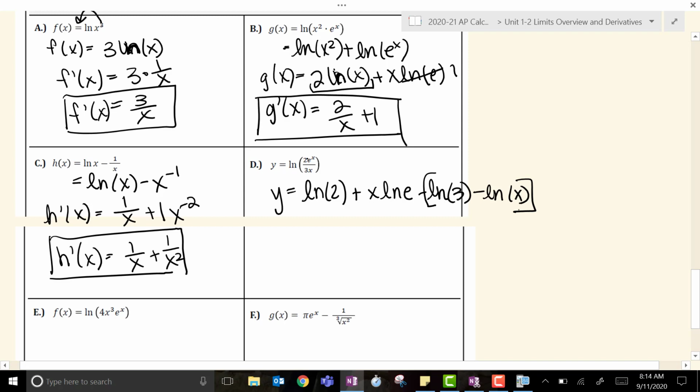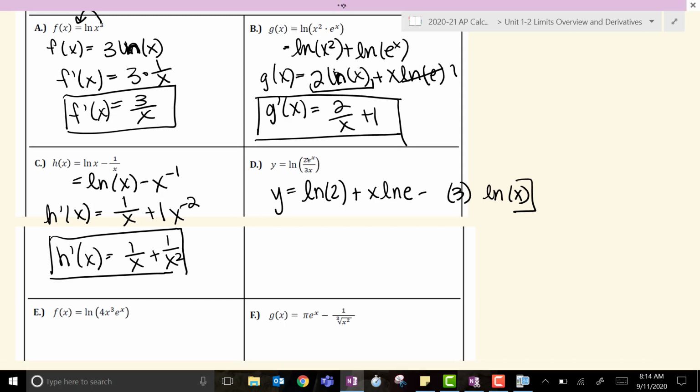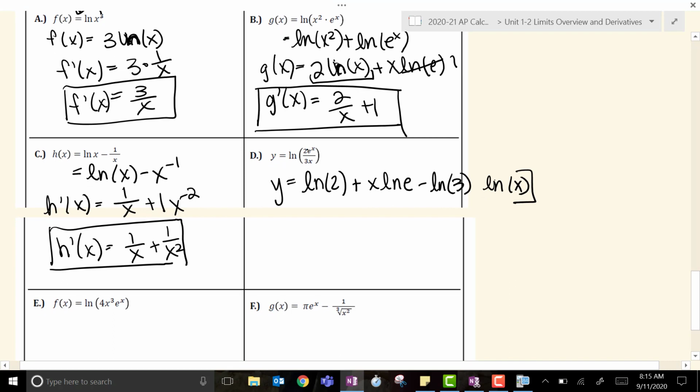Oh, sorry, that would be a plus right there because those are being multiplied. And that negative gets distributed and then it turns into a minus. My brain was just working a little bit faster than my pen was. So that negative gets distributed. We have minus the natural log of 3 minus the natural log of x, and we can get rid of those parentheses.